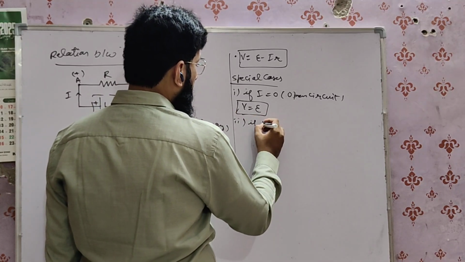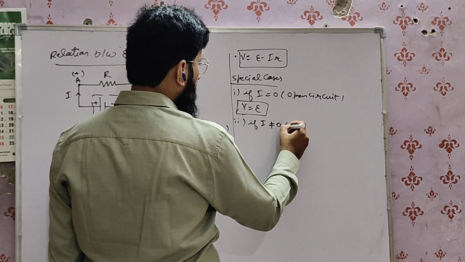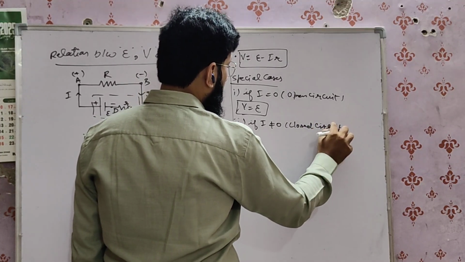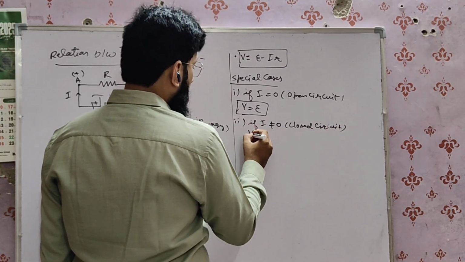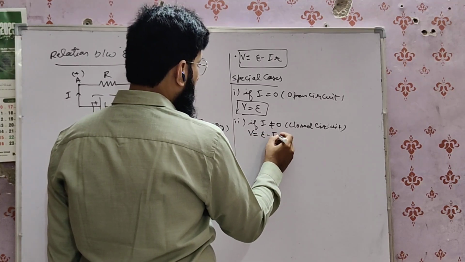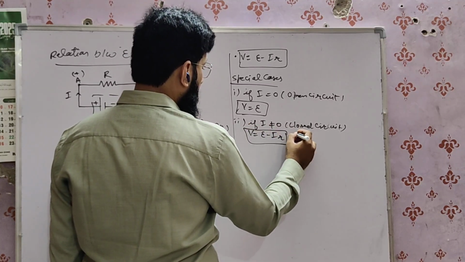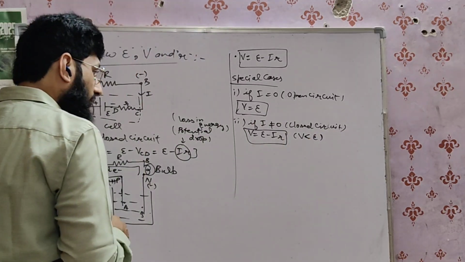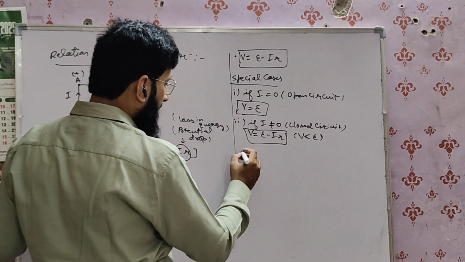If current is not equal to 0, that means it is a closed circuit. Then V is equal to E minus Ir, and terminal voltage will be lesser than EMF.